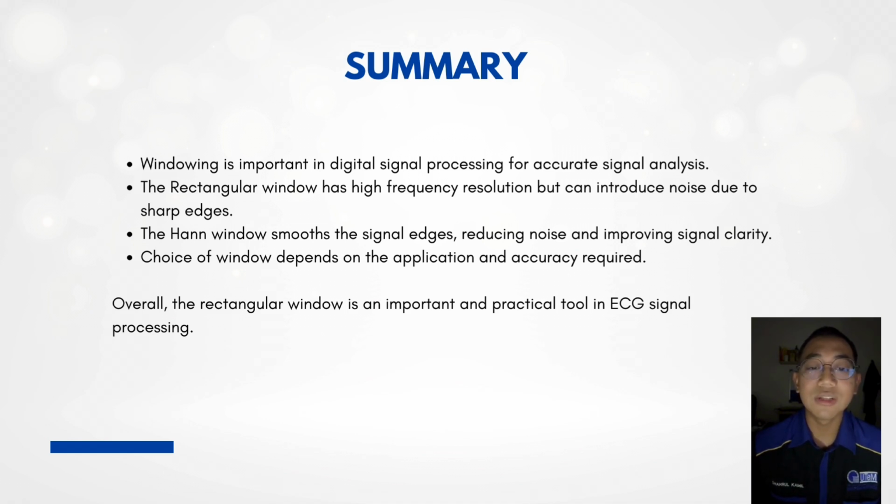The Hann window reduces this problem by smoothing the signal edges, which lowers noise and improves signal clarity. This makes it especially useful for applications such as ECG signal processing, where clean and reliable signals are required. Overall, the Hann window is an important and practical tool in ECG signal processing.